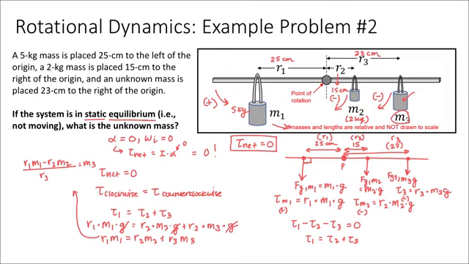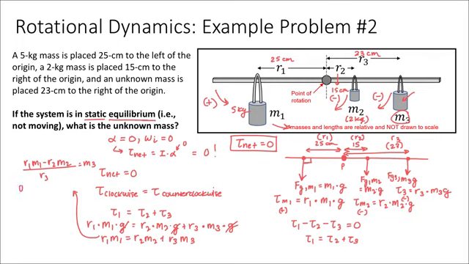So R1 here was 25 centimeters, but in this case, I actually don't need to use meters. If you see, you have R on the top and on the bottom, so your units for length will cancel no matter what you do. I'm going to just go ahead and convert them to meters anyways, because that's best practice.